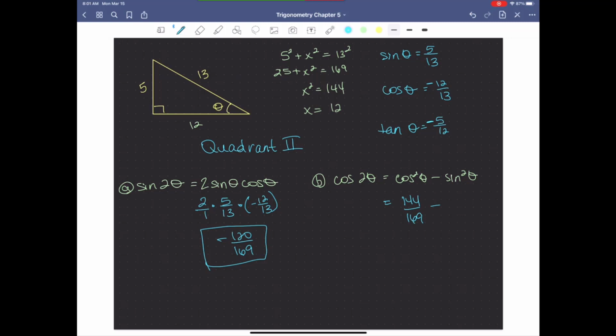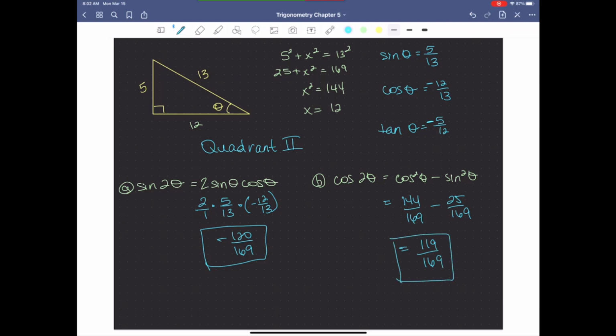Minus sine squared, and what are you going to get for sine squared? 25/169, yep. Bet we can simplify that down. What's 144 minus 25? 119. Yep, 119 over 169. Think that reduces?